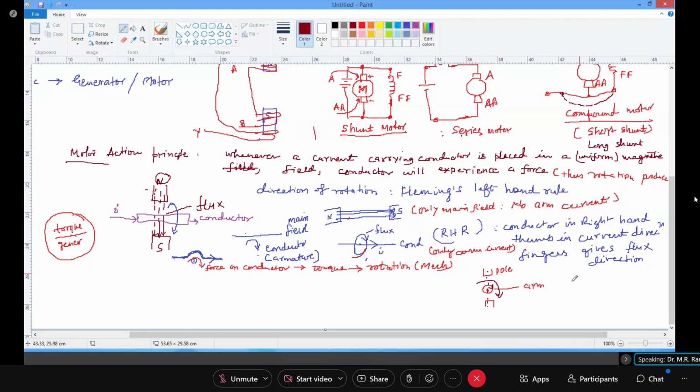Now, what does Faraday's law of electromagnetic induction say? Just recall it. Whenever there is a change in flux linkage, EMF will be induced in a conductor. Is it right?